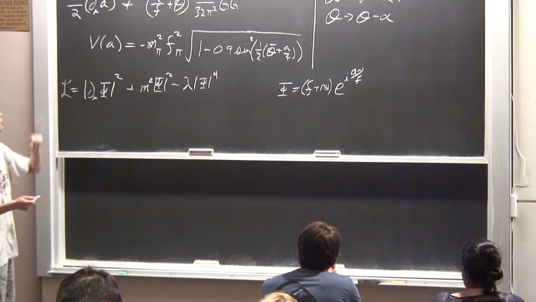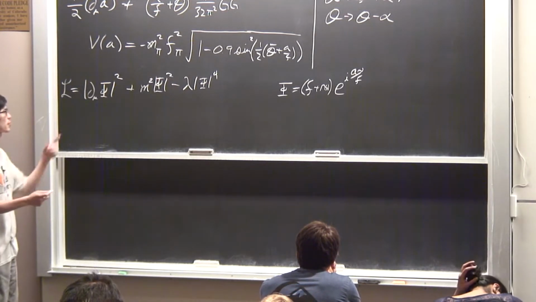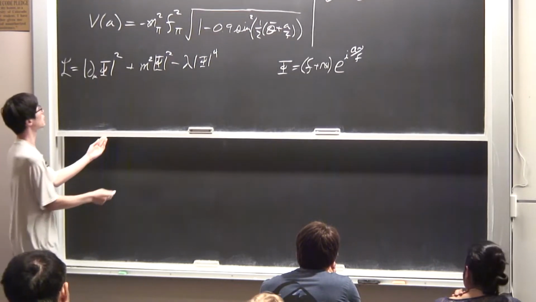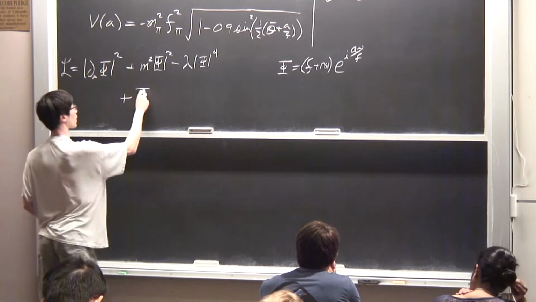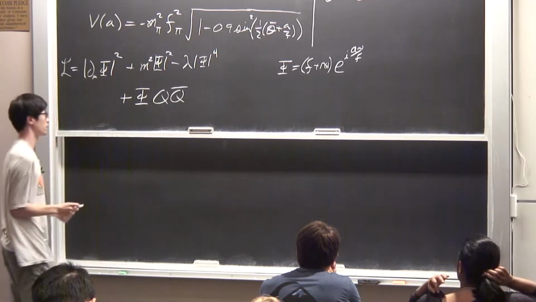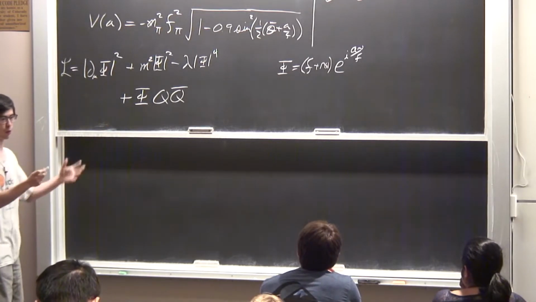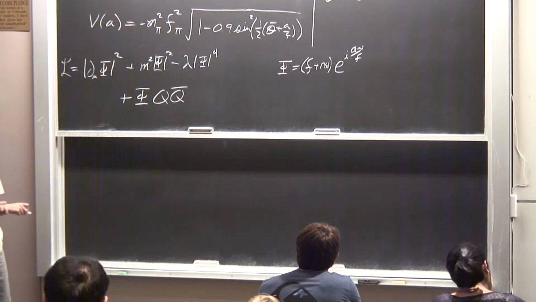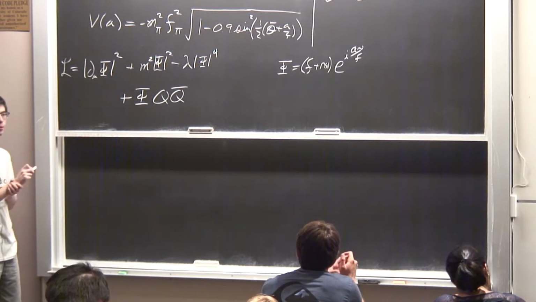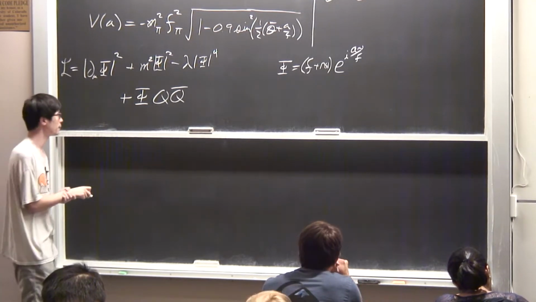And then what we're going to do is couple this guy to some quarks, plus phi q bar q, where q is just some quark that's charged under SU3. It may or may not be charged under U1 or SU2. It doesn't matter.